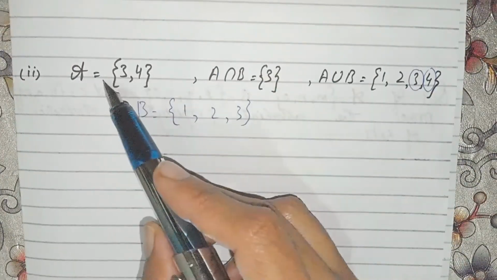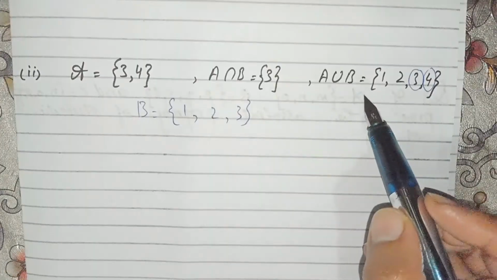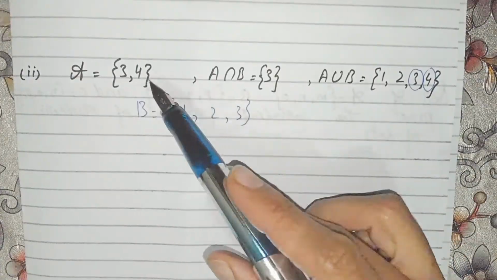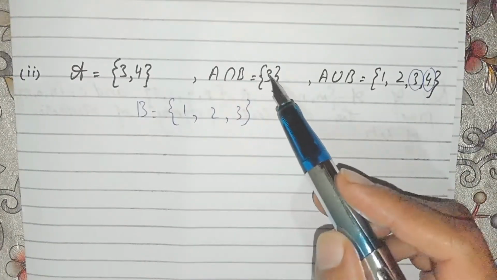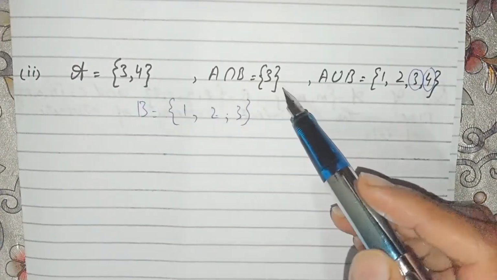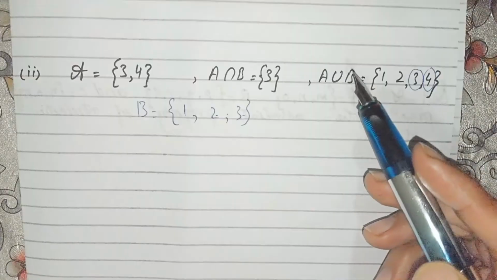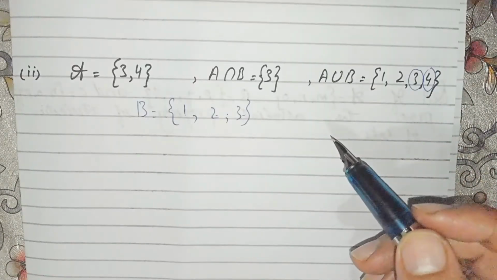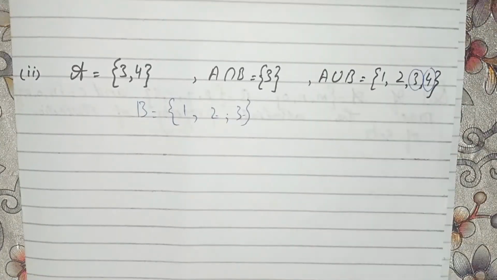When you take the union we get 1 2 3 4. And for A intersection B, only one common value is 3, and we get the answer 3. And now students, question number 5 is solved.